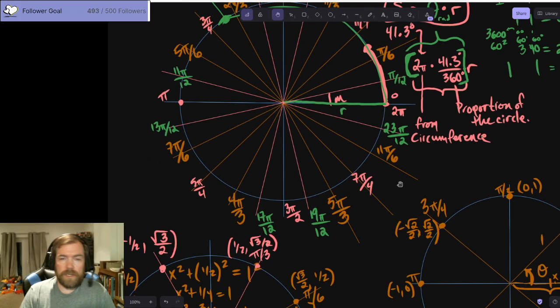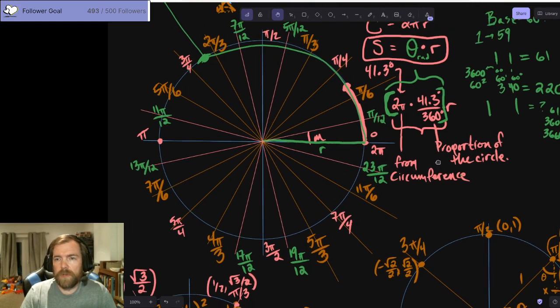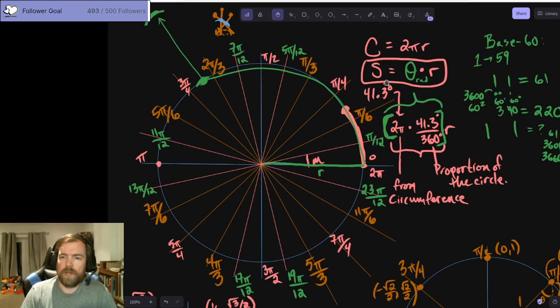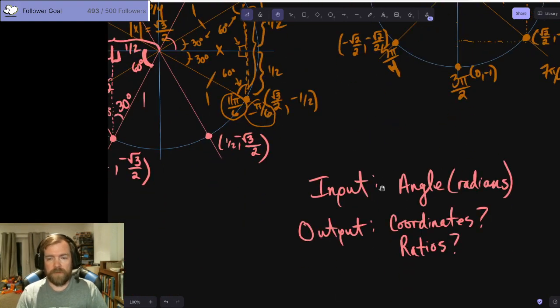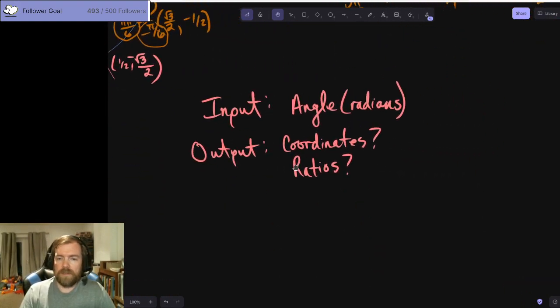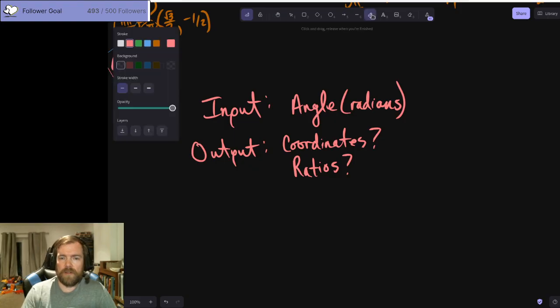They could be, no, that's pretty much it. Right, your arc length, your angle is what we're inputting. That's going to be our independent variable, and either coordinates or ratios can be our outputs or dependent variables. So yes, this is a function setup.